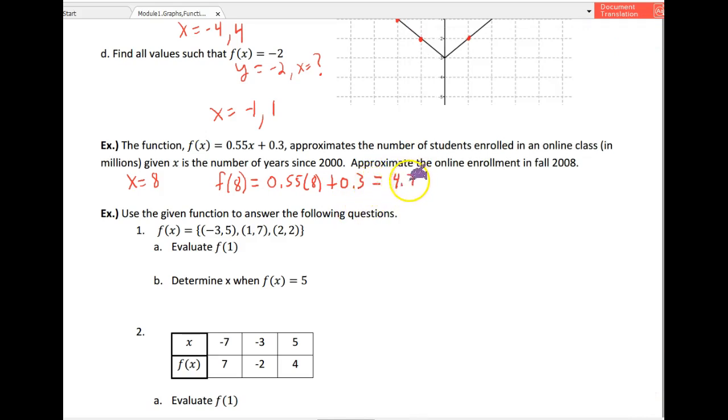So I still followed order of operations there. And this is 4.7 million. Okay, in general we don't want decimals because we can't have part of a person, but this is 4.7 million people or students enrolled in online classes. So that's okay to leave that decimal there.